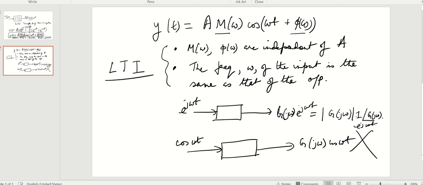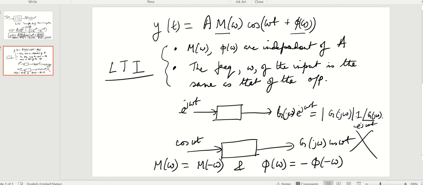Nevertheless, because we know that M(omega) is equal to M(minus omega) and phi(omega) is equal to minus phi(minus omega), that is to say this is an even function and this is an odd function, if you know the magnitude M(omega) and the phase phi(omega), just as it conveys information about the response to the exponential input, so also does it convey information about the response to the cosinusoidal input.